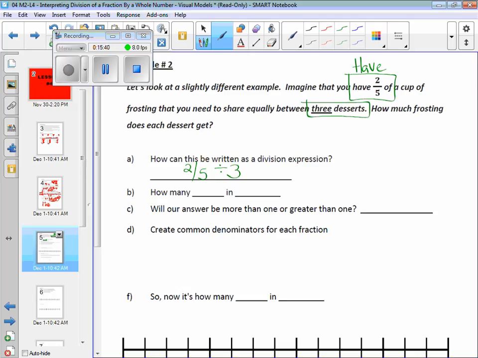If this is our expression, the question becomes how many what in what? How many 3s can we get into 2/5? And we told you that in this lesson, the numbers are going to be greater than 1 or less than 1. So it's going to be less than.